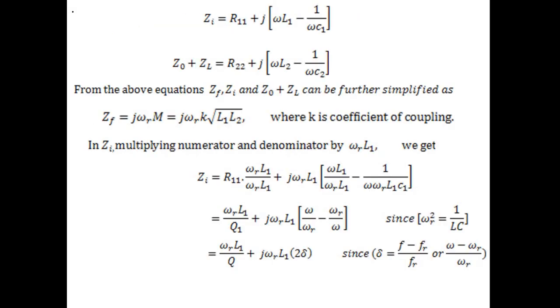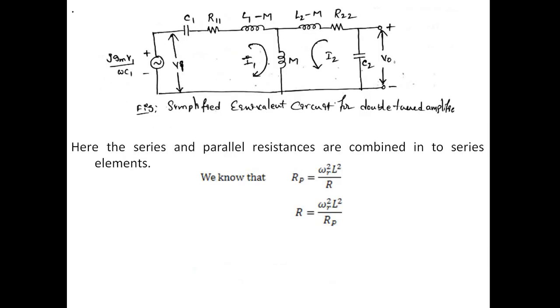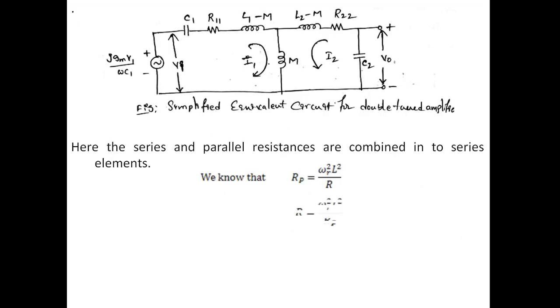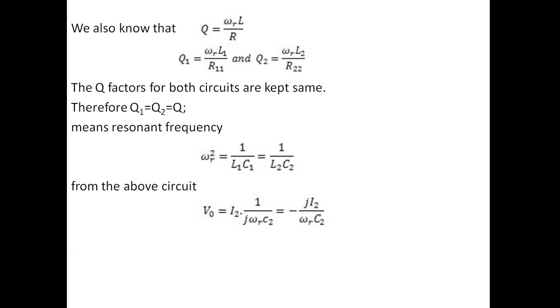All these where we have got, again there is a question, how we have got this equation. Now come back. See this one. This is the equation we are trying to derive here. I2, this is what we are trying to substitute. V0.